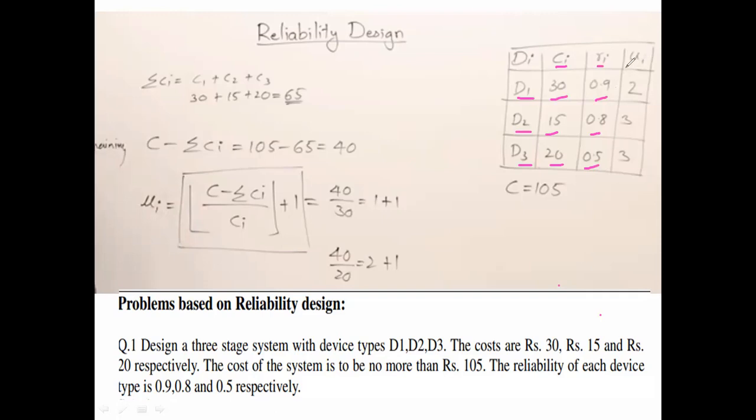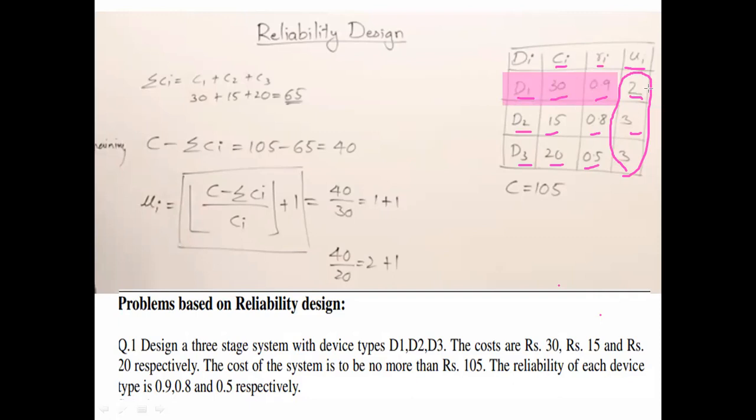So Ui is 2, 3, 3. How? Ui means for this particular D1, cost is 30, reliability is 0.9.